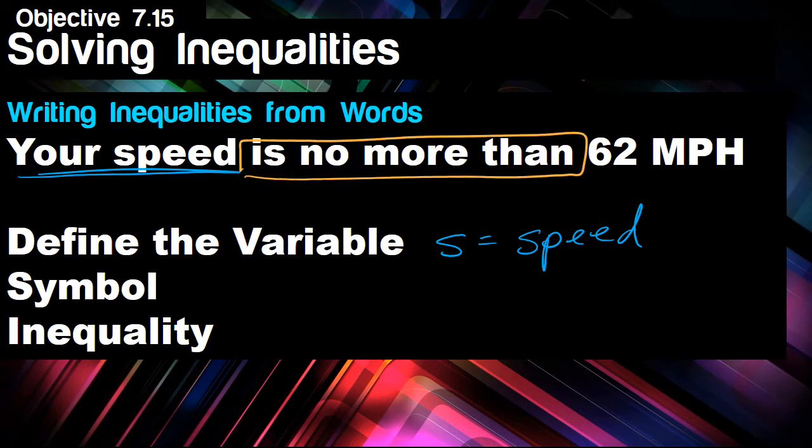So that one's going to be less than or equal to. And let's go ahead and put it together. So the speed has to be less than or equal to 62 miles per hour. We know that if your speed is greater than 62 miles per hour, you have the possibility of getting a ticket from the police.